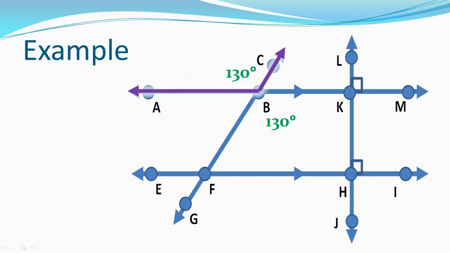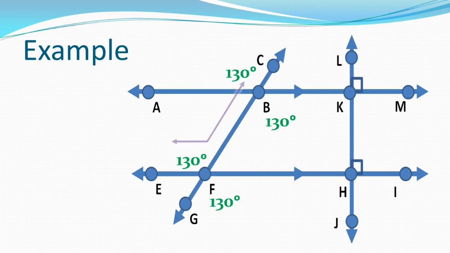I can use the original angle and its corresponding angle to find 130 degrees and 130 degrees. So all you do is continually identify and then use that relationship. Either they add up to 180 or they are congruent. GFI and ABC are alternate exterior. They're on opposite sides of the transversal and outside of the parallel lines. So that means they're congruent.